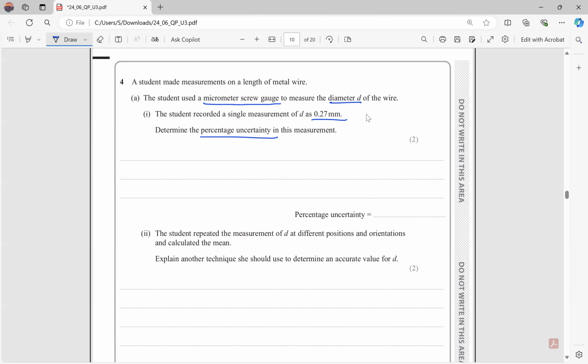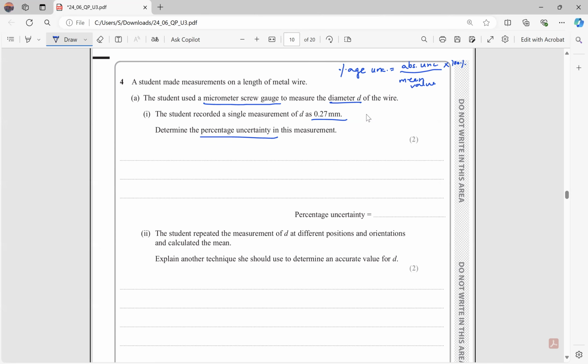Now, as you remember in the last video, if you watched that, we discussed how to find percentage uncertainty. If you're finding percentage uncertainty, one formula is that you have to know the absolute uncertainty. You divide that by the mean value, which is basically your measured value, times 100%.